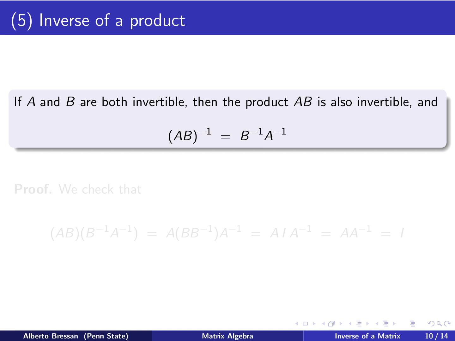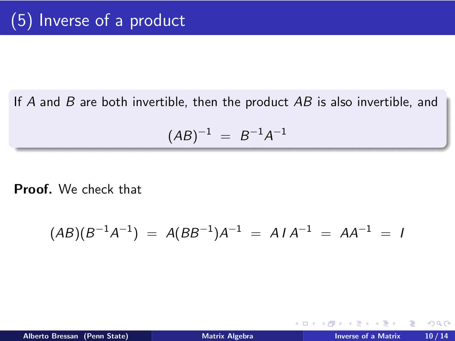The inverse of A times B is the inverse of B times the inverse of A. So this very much resembles the transpose of the product, where the transpose can be put on each of them, but then you have to switch the order. And the same thing happens to the inverse.